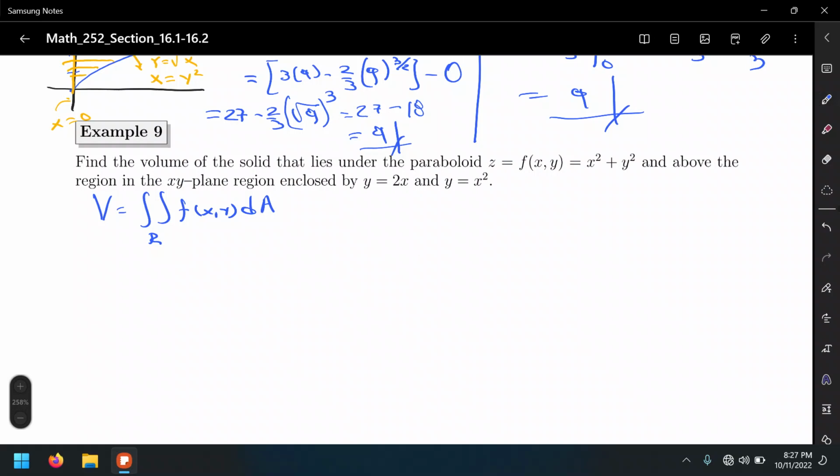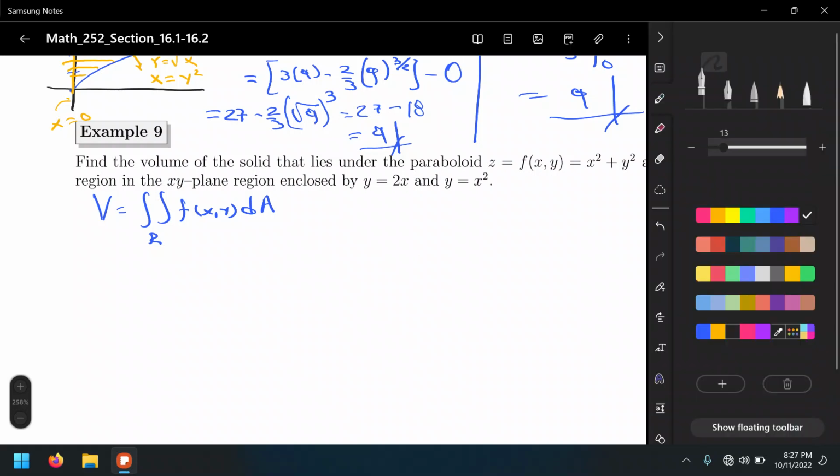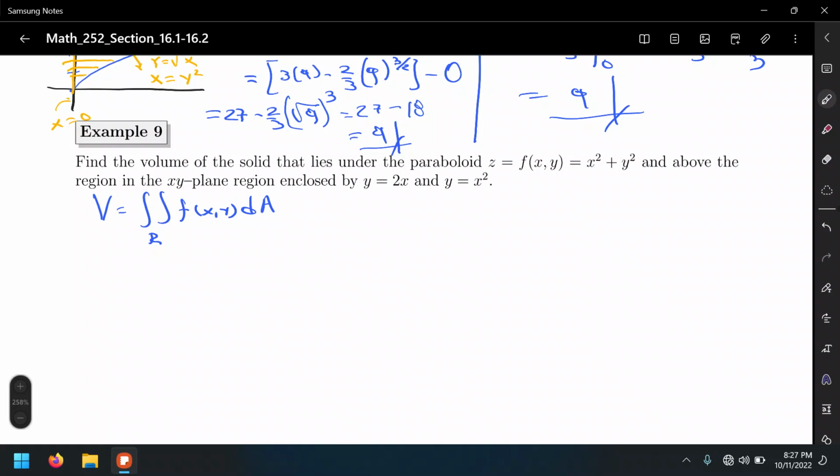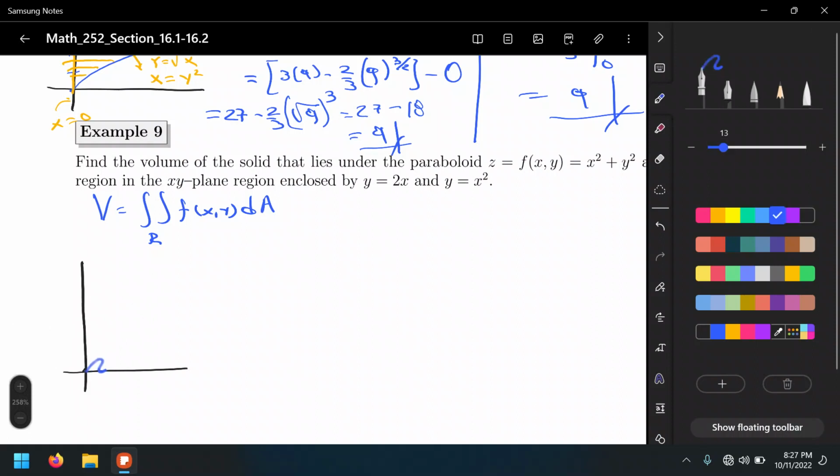And well, so let's graph this in 2 dimensions. So that's the graph of the parabola and then the graph of the line. All right, both intersecting.